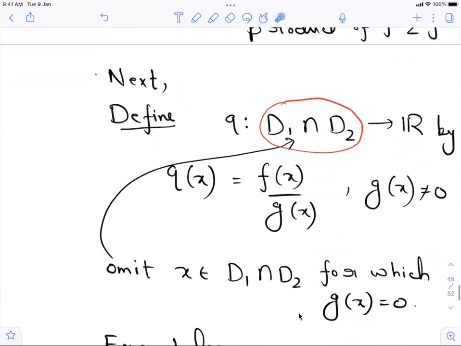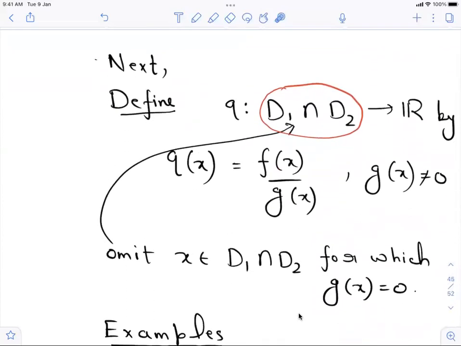Next, let's try to define the quotient f by g. So f(x) by g(x). My quotient function q(x) equals f(x) over g(x) on this domain. So once again, I'm defining it pointwise, and I'm putting a red circle over here. We have to be a little bit careful in this particular case, because there could be some points where g(x) vanishes, that means g(x) equals 0.